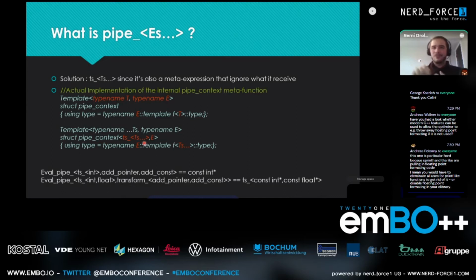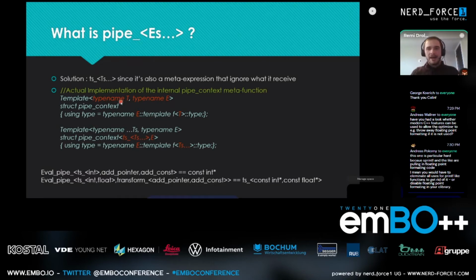So in the case of, for example, eval pipe, TS of int, this will be TS. It will go here, and it will send to add pointer only the int. So it will be int pointer. But int pointer, since it's a type and not TS, will go there and continue the evaluation.